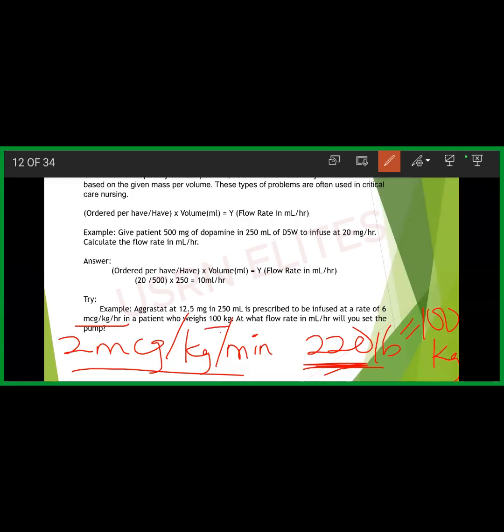And if you convert 2 microgram to milligram, what will you get? 0.002. So this one gives you 0.002 times the 100. Let us do this one. What will we get for this one? 0.2.